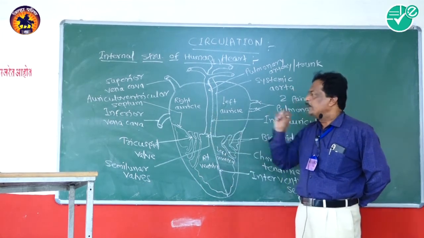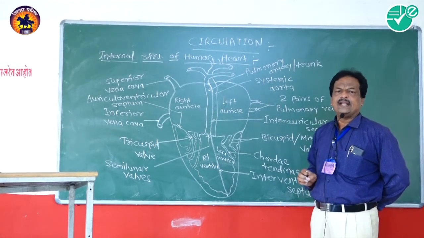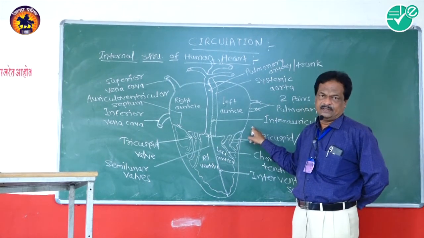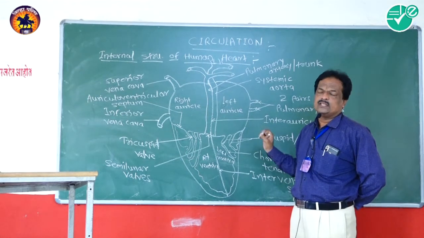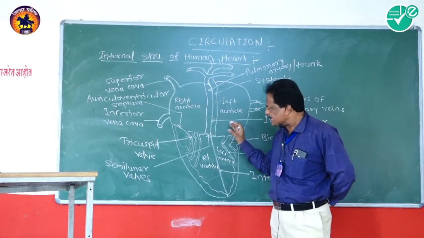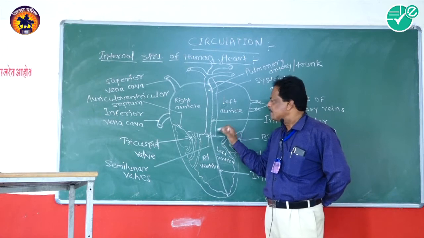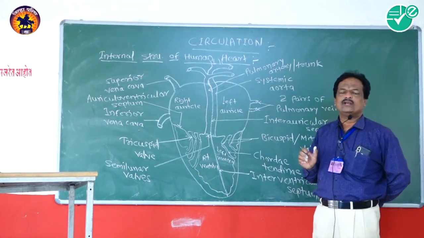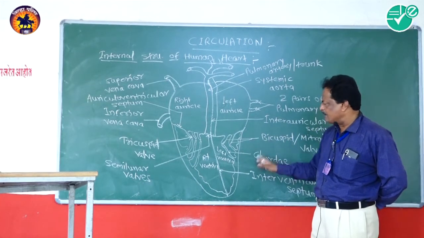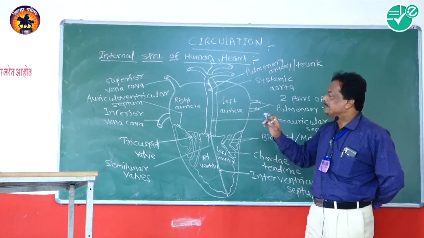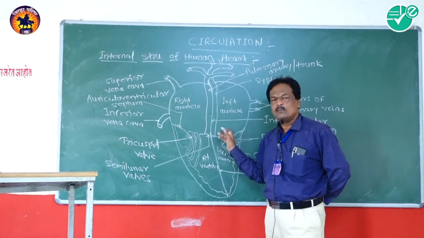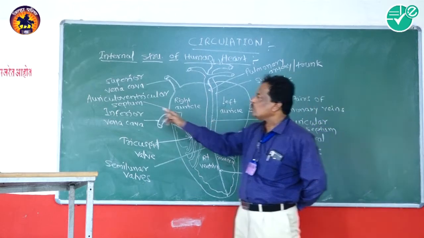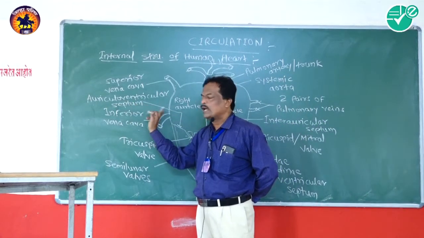In between the auricles and ventricles, a horizontal septum is present, and that horizontal septum mainly consists of 50% structure of auricles and 50% structure of ventricles. That's why the horizontal septum present between the auricle and ventricle is called the auriculoventricular septum.